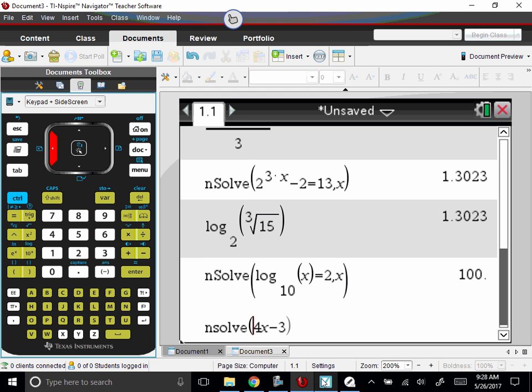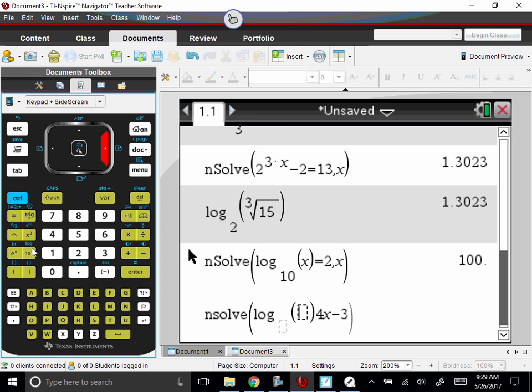There we go. So I need the log. Oh my gosh. Log of 4x minus 3. I wonder what will happen if I don't put the 10 in. I'm going to try to omit the 10 and see what happens. So this is plus 6 equals 4, comma x.